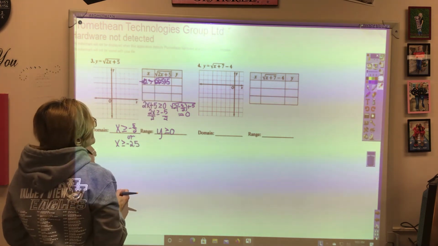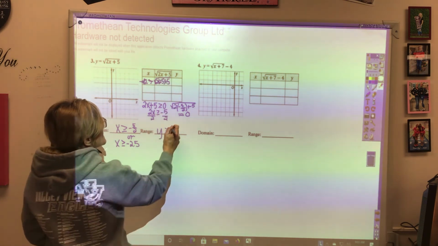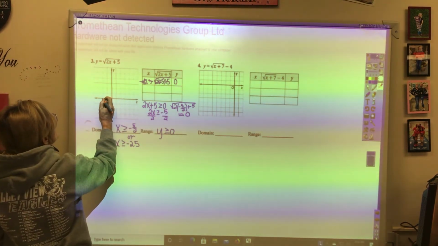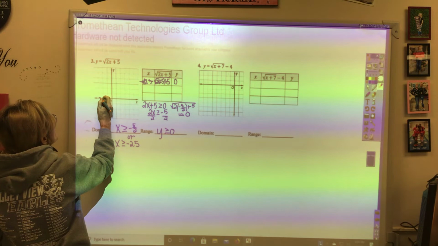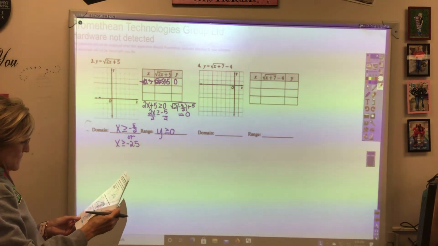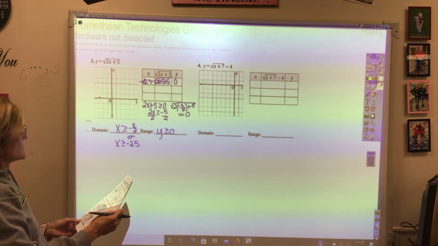It's supposed to be negative 2.5. So squeeze in a negative in here if you can.